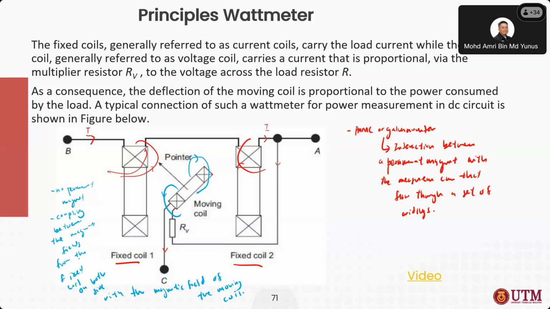So the keyword is that coupling, and the main current is what produces the magnetic field.